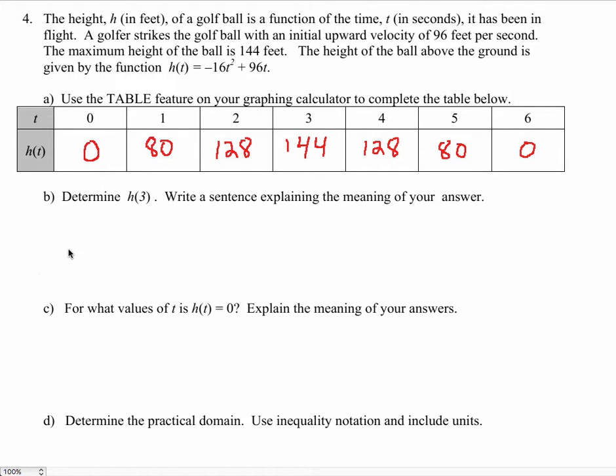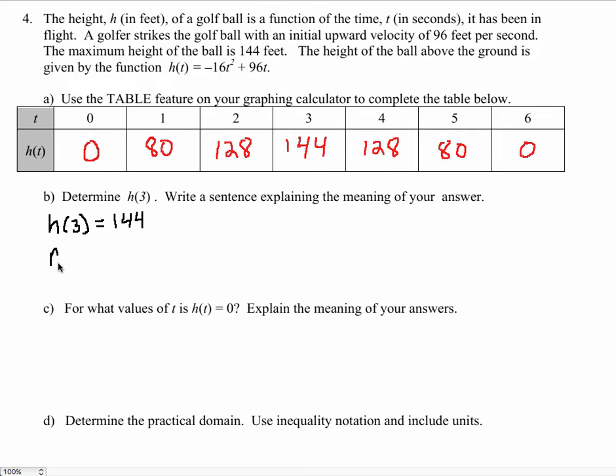First they ask us to determine h of 3 and then write a sentence explaining the meaning of your answer. Well, h of 3 says that when t is 3, what is the h value? And that's equal to 144. So we want to explain that. What does that mean?